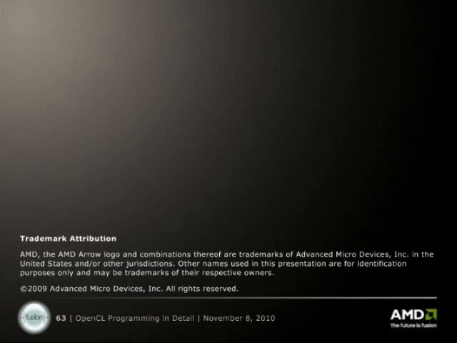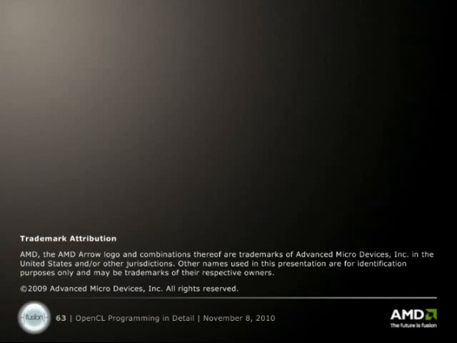Okay, can you explain why, for example, 64 is good for a 5870 so that you could make predictions maybe for another architecture? The number 64 isn't an absolute.